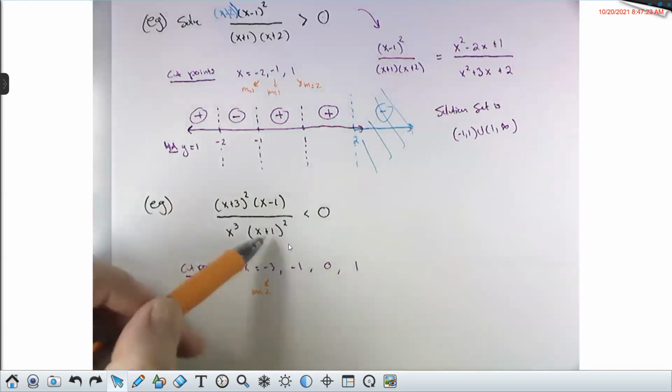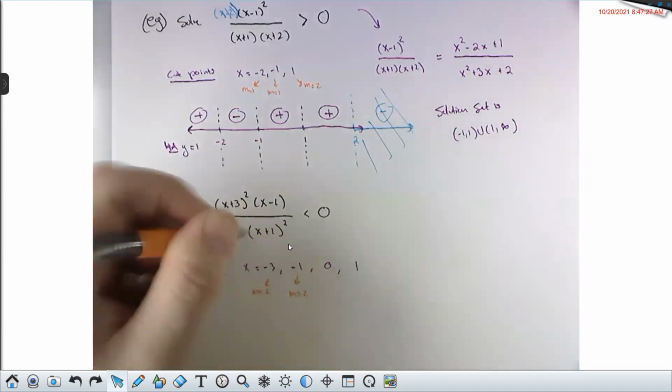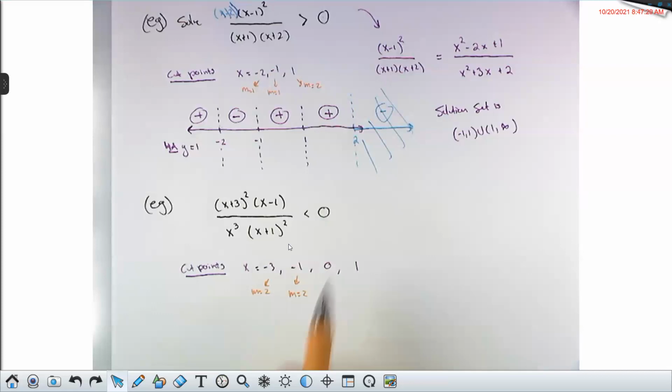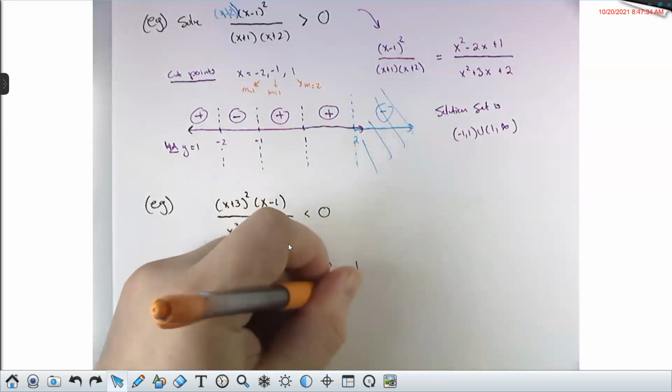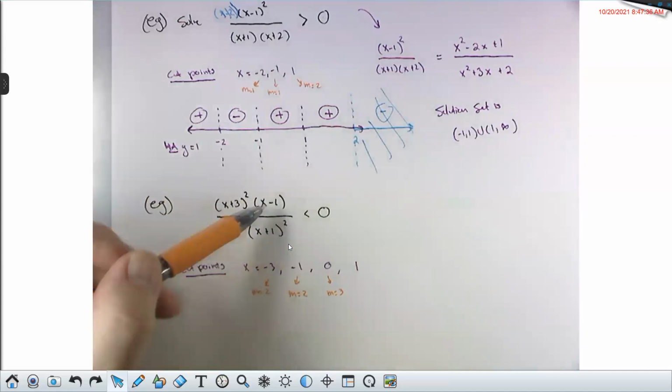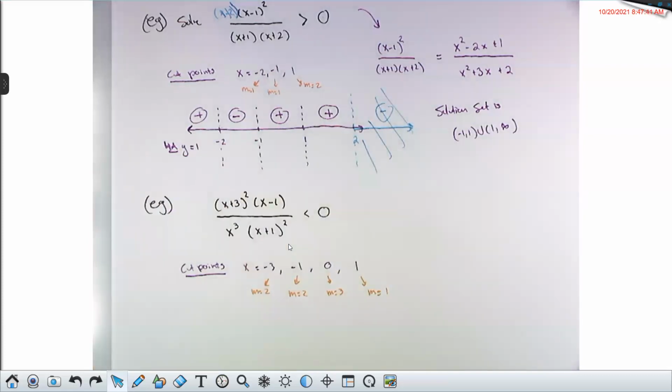The -1 coming from this guy is also multiplicity 2. The 0 coming from this guy is multiplicity 3. And the 1 coming from this guy is multiplicity 1. Are we comfortable with where these multiplicities are coming from? Remember, the multiplicity is just the power of the factor.